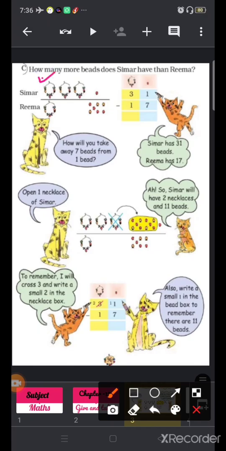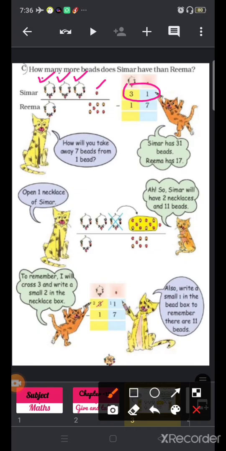Here 10, 20 and 30. One necklace means 10 beads. In one necklace, how many beads are there? 10 beads. So in three necklaces, 30 beads are there, isn't it? And one loose bead. So Simar has 31 beads.